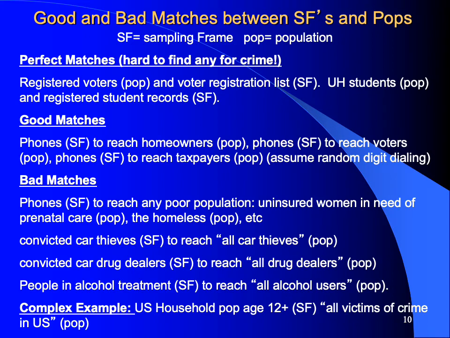A better example is even drug dealers. Unless you're a street drug dealer, if you're a house drug dealer, really the only way you're going to get caught is if you sell to somebody you don't know, or you sell in the presence of somebody you don't know.